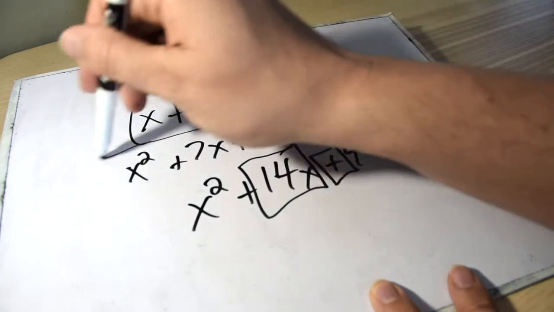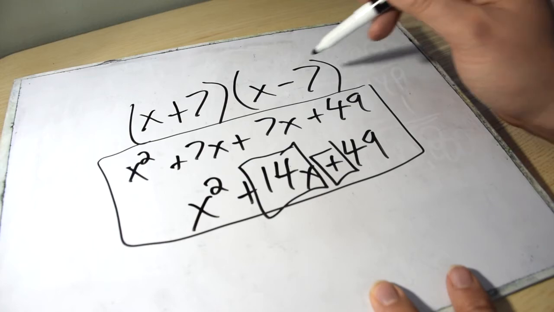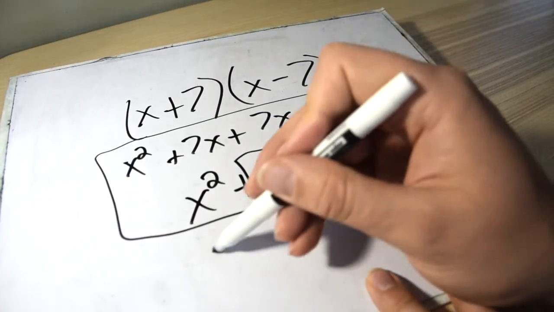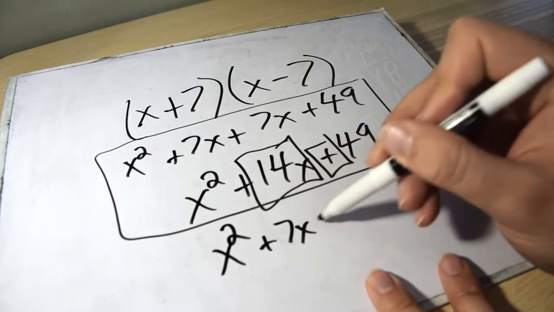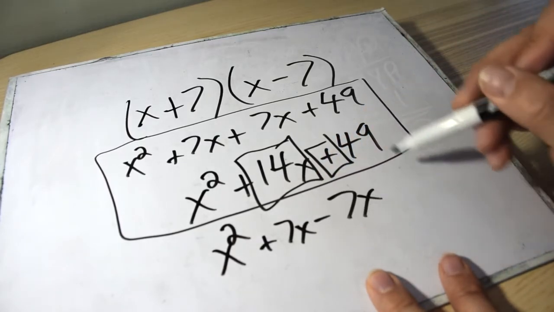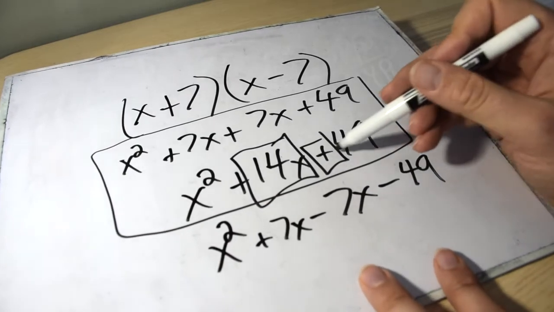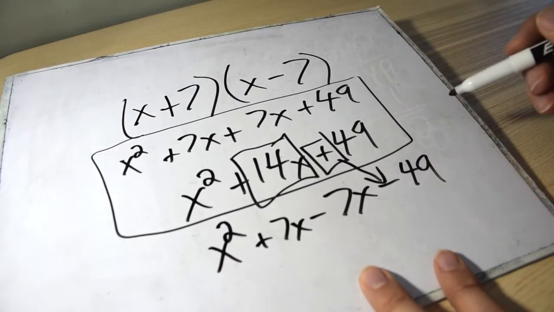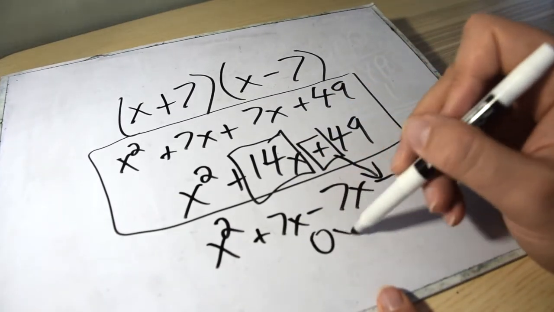So let me just show you an example of this. Let's just pause on this chunk, and I'm going to make this minus. When I make this a minus, I get x squared plus 7x minus 7x minus 49. So you'll see this sign changed right there, and then this actually turned into 0x.